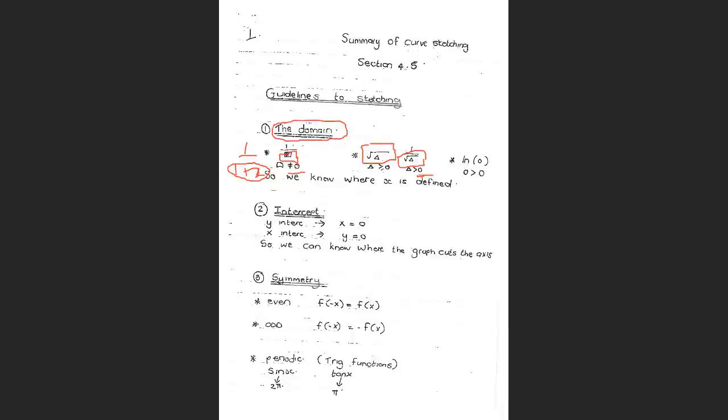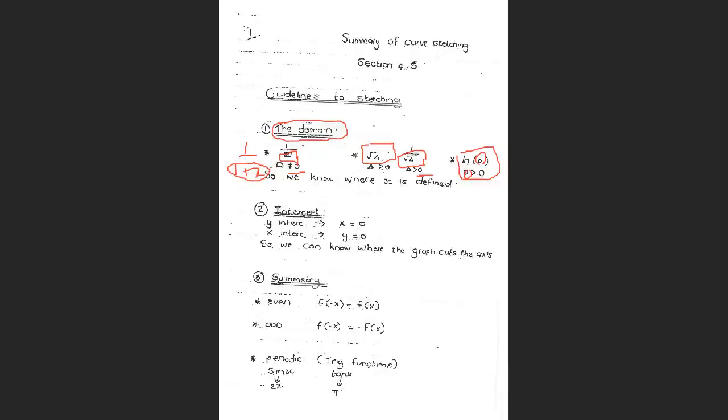And then another function you're going to see sometimes is the logarithmic function, so ln or log. For the ln function, everything that goes inside the ln has to be strictly greater than 0. That's how it works. All right.